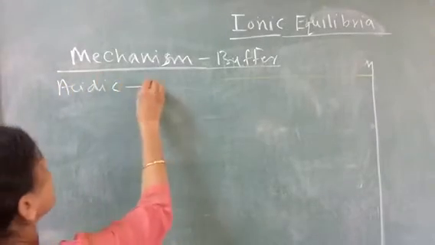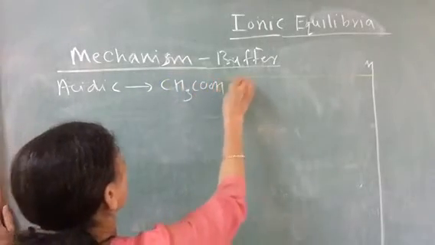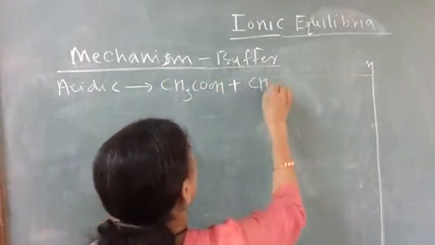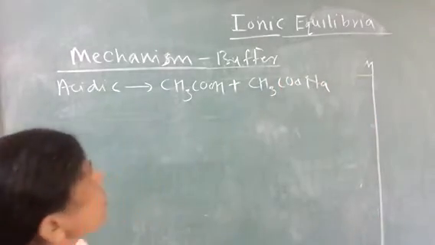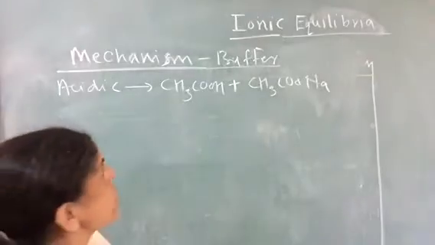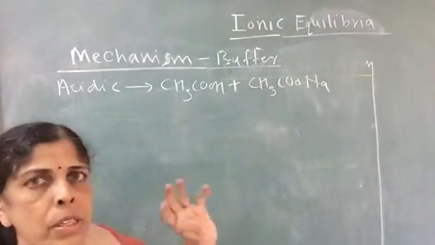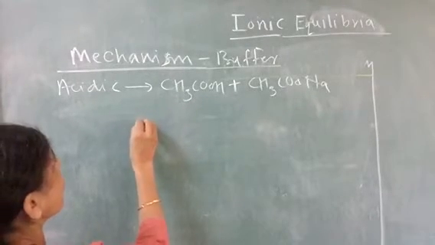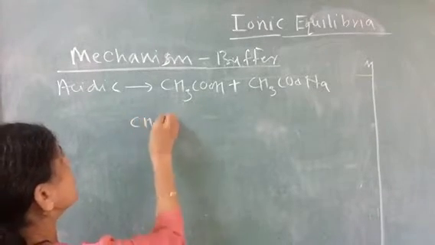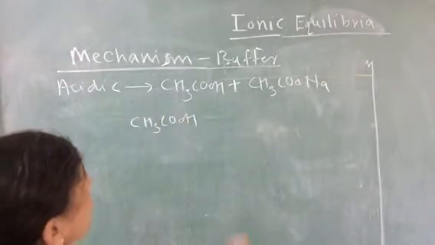So acidic buffer is a mixture of weak acid, for example, and the salt of the same weak acid with strong base. We have taken an example of weak acid, acetic acid, and a salt, sodium acetate. This is buffer. First of all we are going to write the ionization reactions for both.